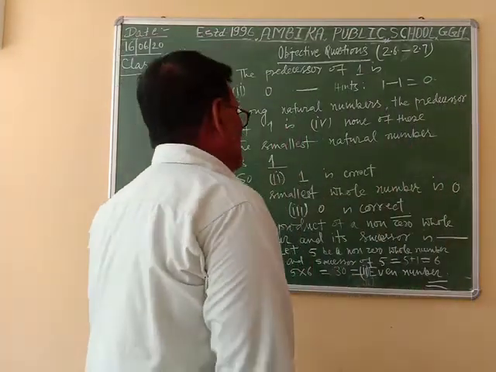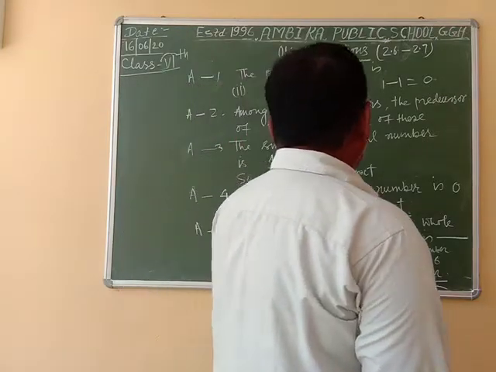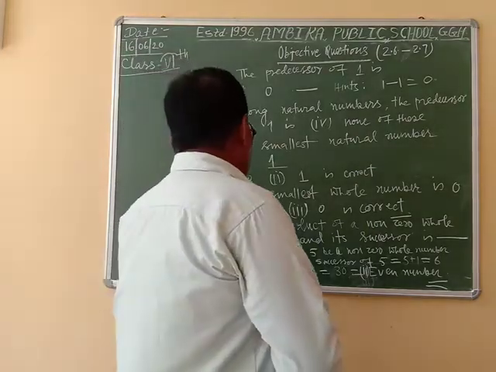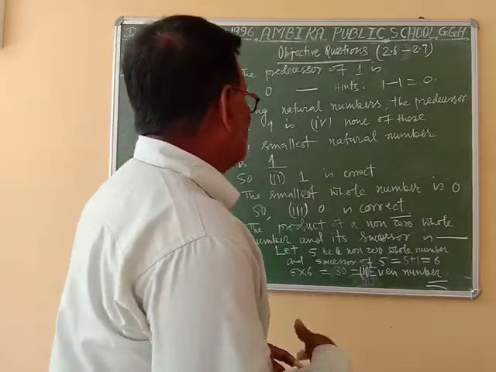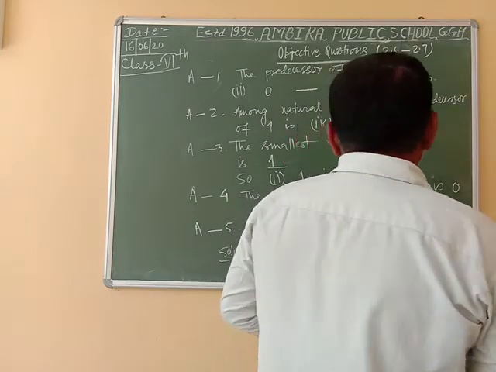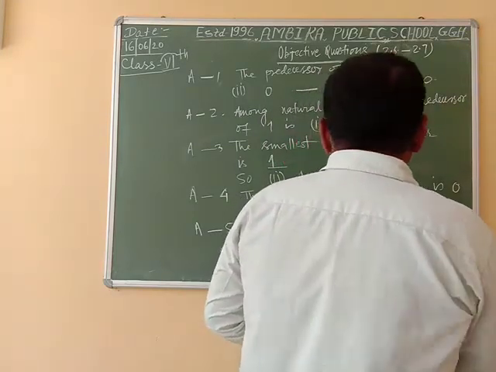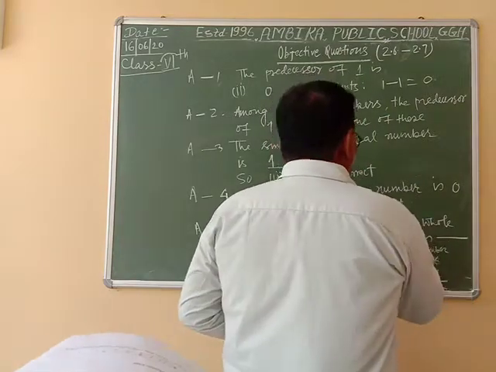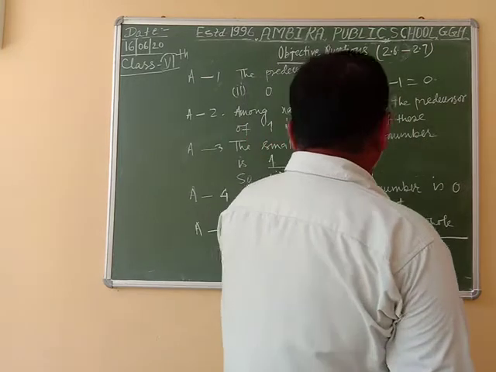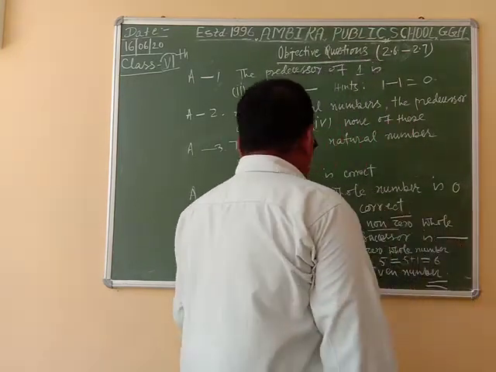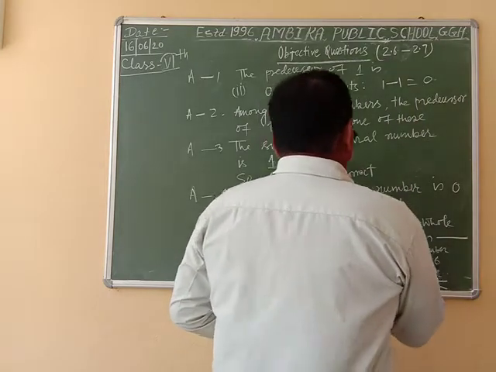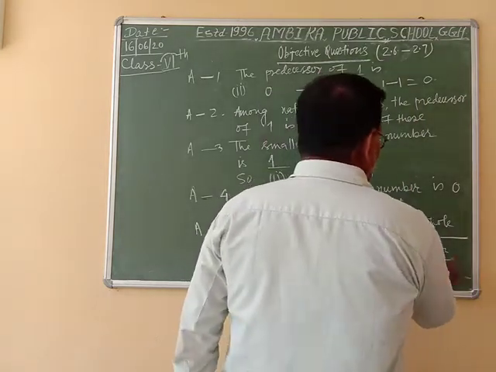To find the product of a non-zero whole number and its successor. अशून्य पूर्ण संख्या और उसके अनुवर्ती संख्या का गुणनफल क्या होगा। तो हम एक अशून्य पूर्ण संख्या का उदाहरण लेते हैं। मान लिया कि 5 एक अशून्य पूर्ण संख्या है और उसका अनुवर्ती संख्या होगा 5 जोड़ 1, 6.